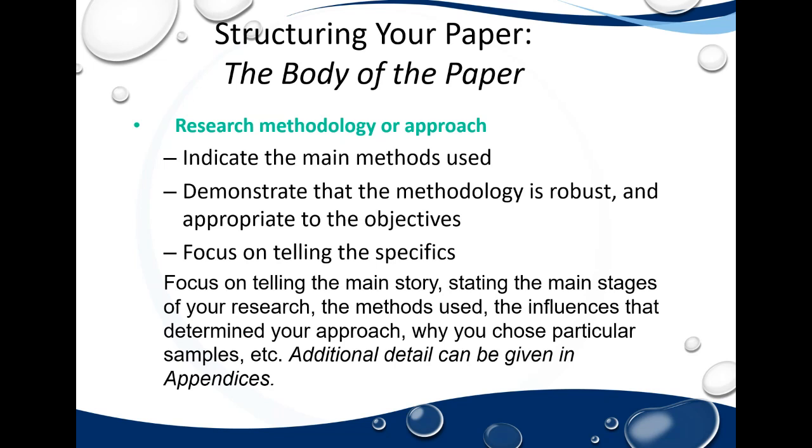Because I think for many of the students, this is where they get stuck, to say, how do I now shift from writing about research methodology within my dissertation to writing research methodology in a journal article?